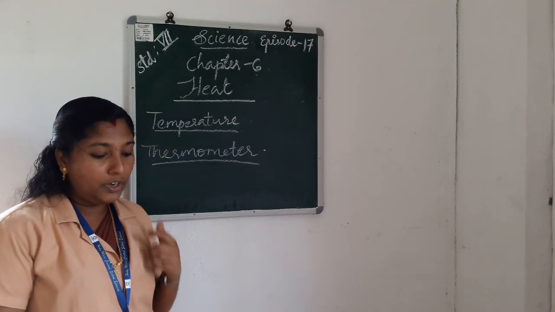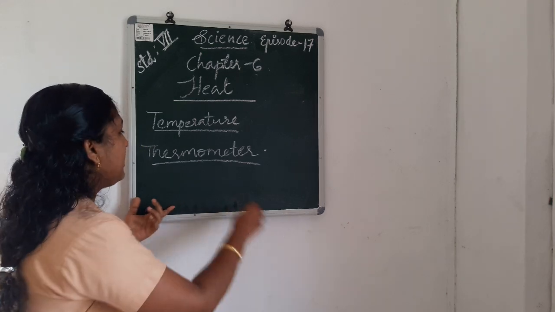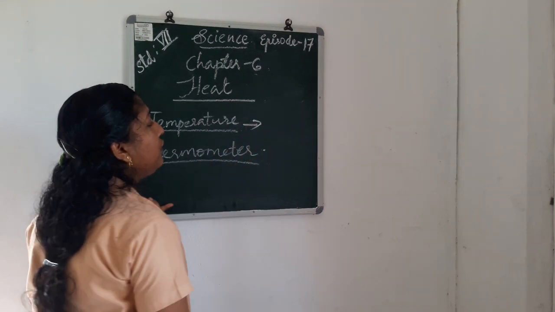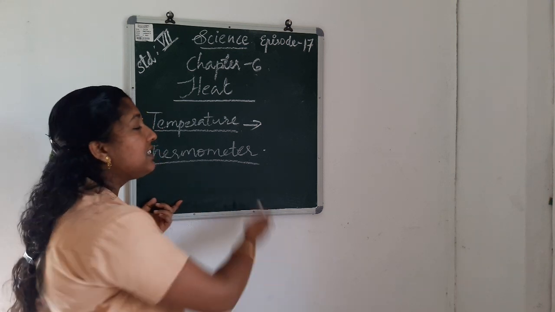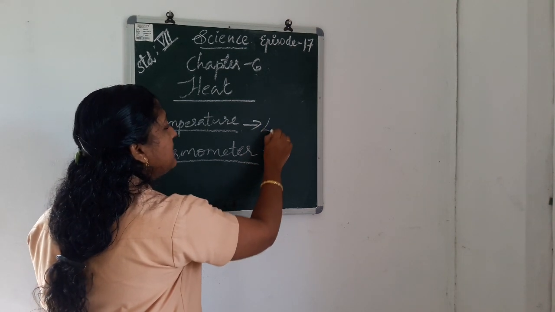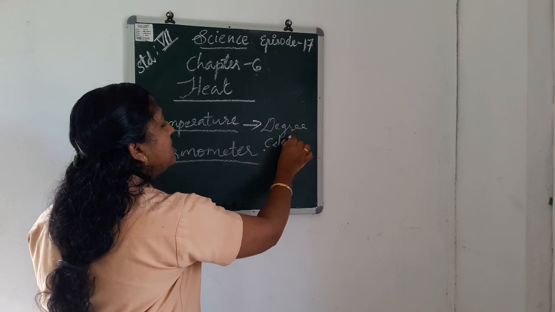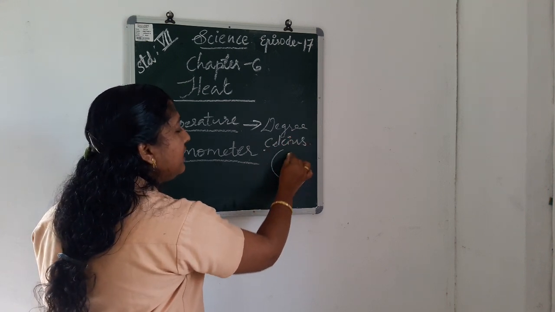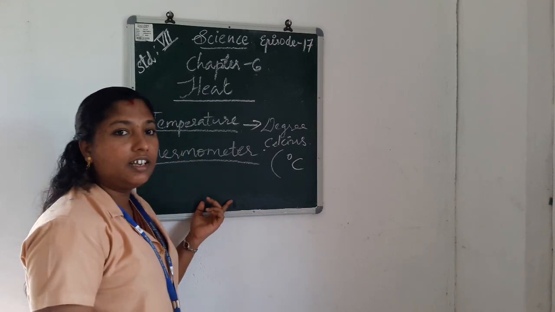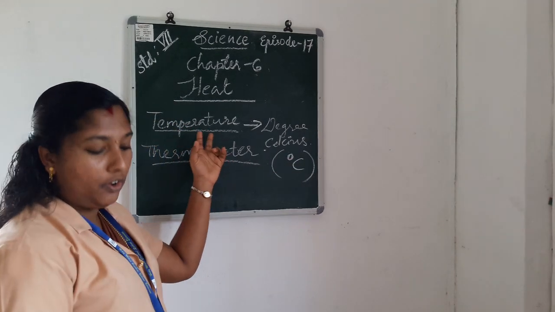Then the common unit of measuring temperature with the help of a thermometer is degree Celsius. It is notated by degree Celsius, the unit of temperature.